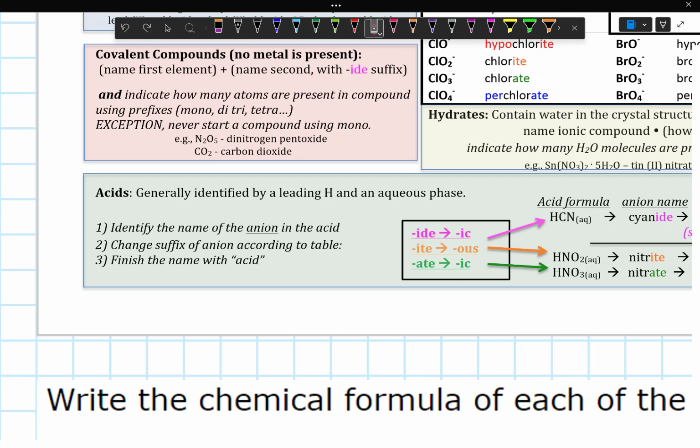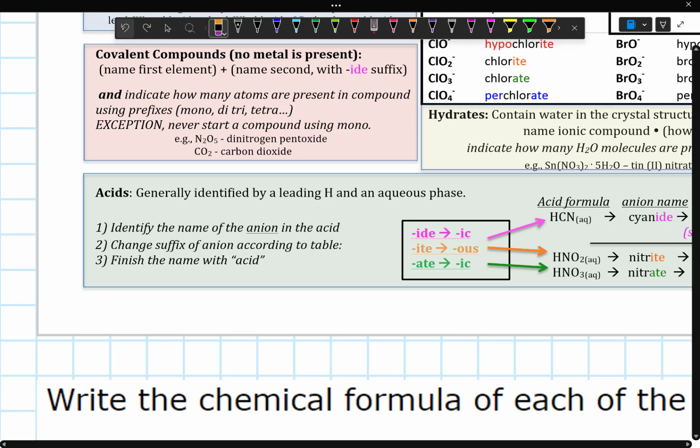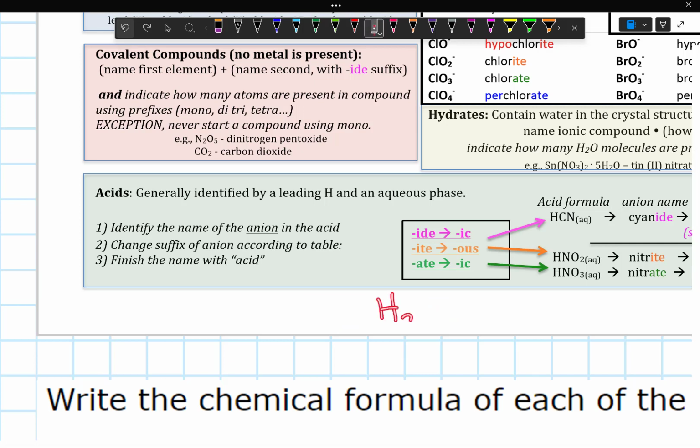So, for instance, off the top of my head, H2SO4 would be called perchloric acid.